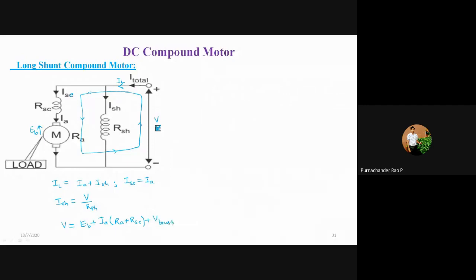This is our terminal voltage equation for the long shunt compound motor, and these are the other current relationships for the long shunt compound motor.